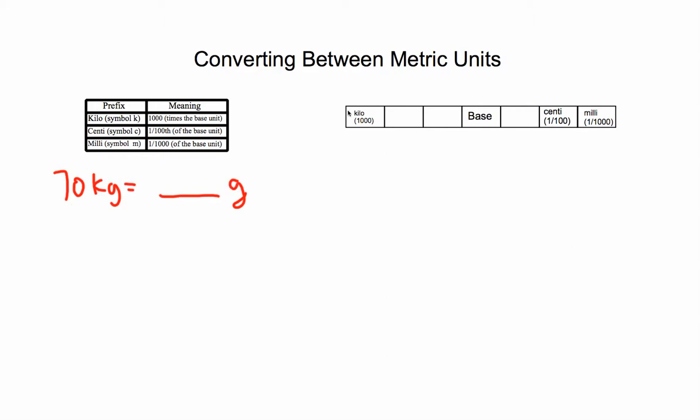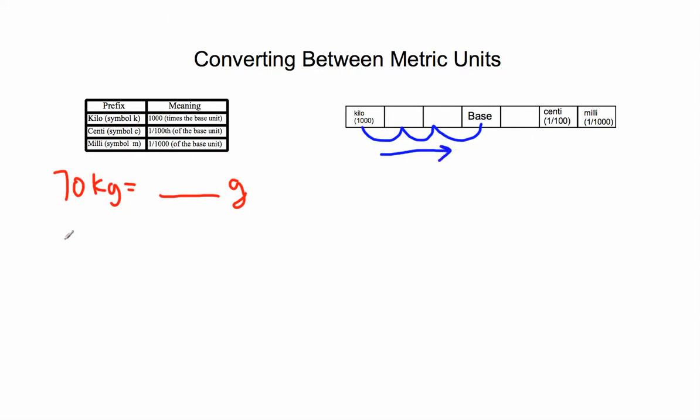The way we're going to show you how to convert between these units is using this little graph here. The idea is figure out where you're starting, kilograms, and figure out where you want to end, grams. Starting at kilograms, we go 1, 2, 3 place values to the base unit of grams, and that's to the right.